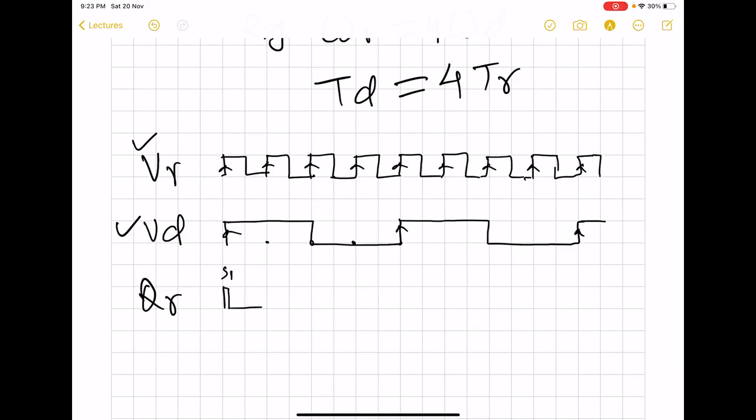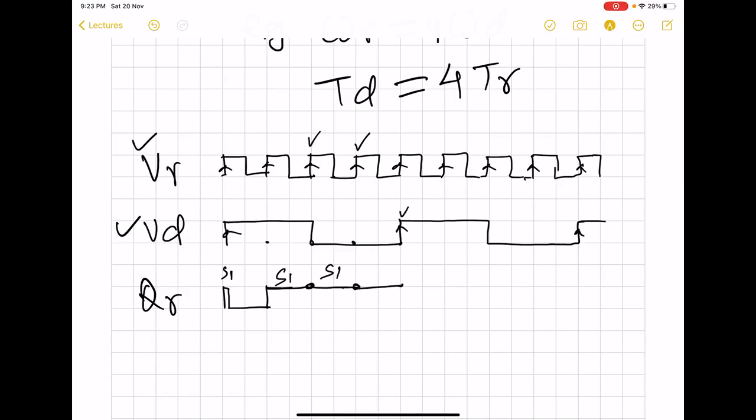But then after a short duration, because VR is very fast changing, we will have another rising edge of VR, and then it will remain high till here where the second edge occurs. So it will remain in state 1, it will be kept in state 1, and at this edge also it will be maintained in state 1.